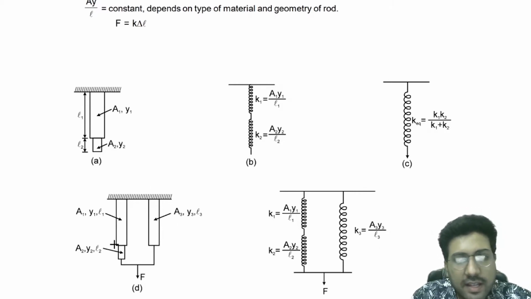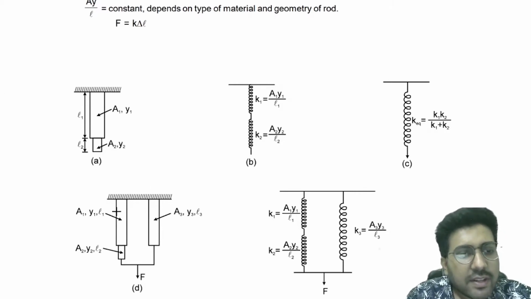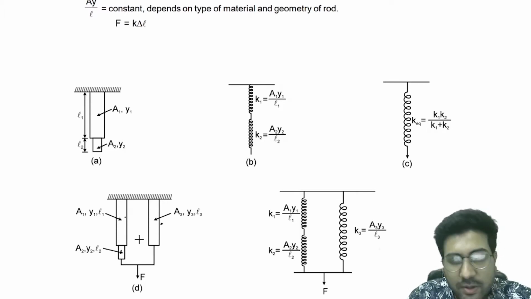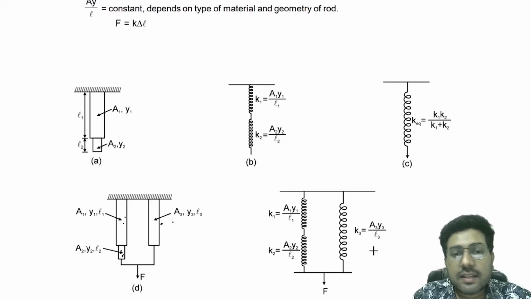In this question again, see, you have one rod, two rod, three rods, and it is pulled by force F. Just what you will do is you will replace it with one spring, two spring, third, where K1 is A1 Y1 by L1, K2 is A2 Y2 by L2, and K3 is A3 Y3 by L3. What will you say here? These two are in series and then this resultant is in parallel.